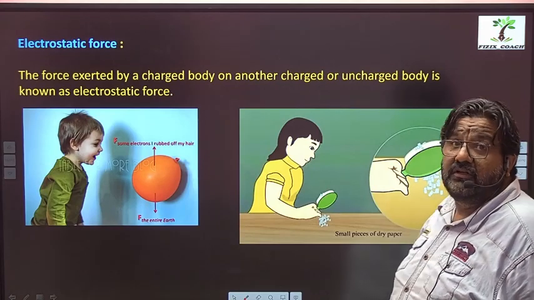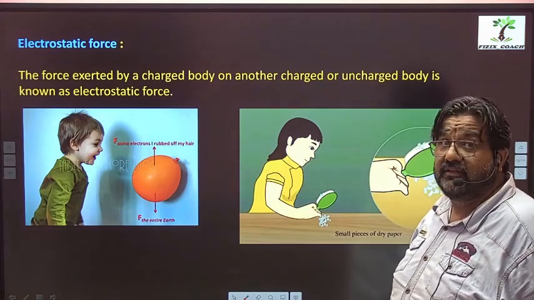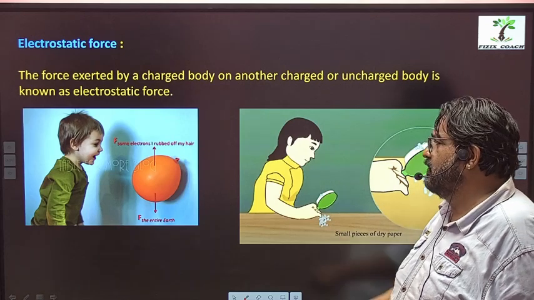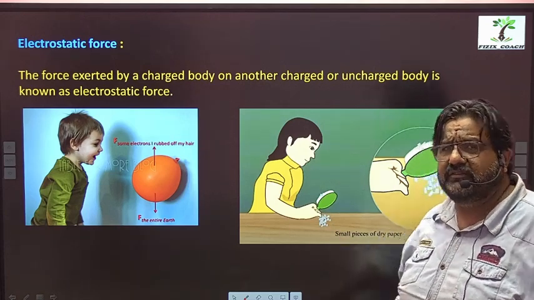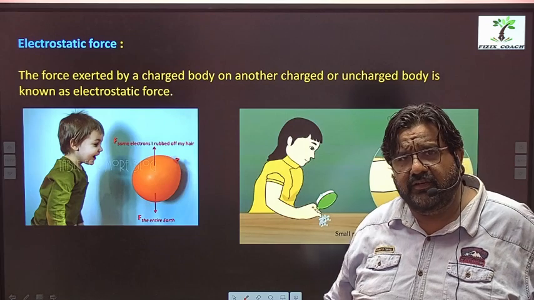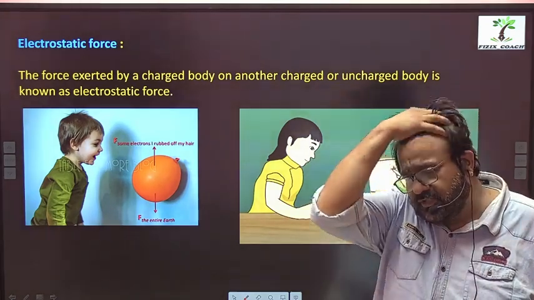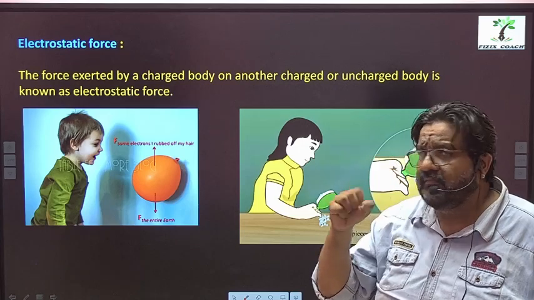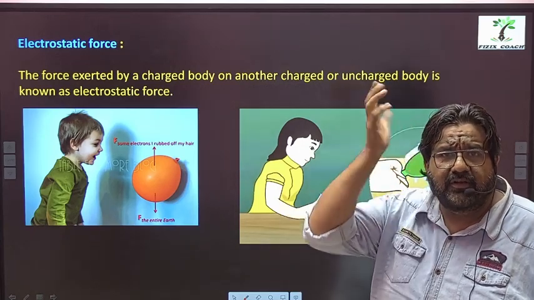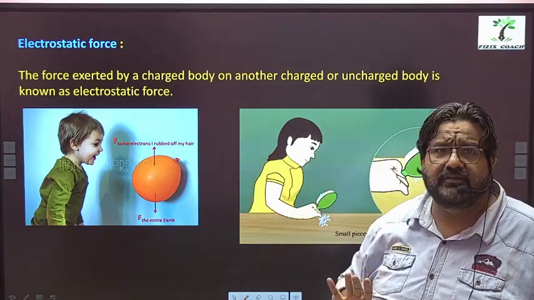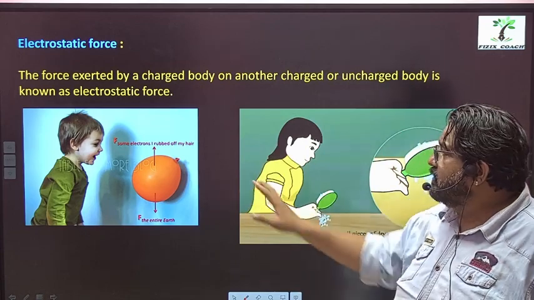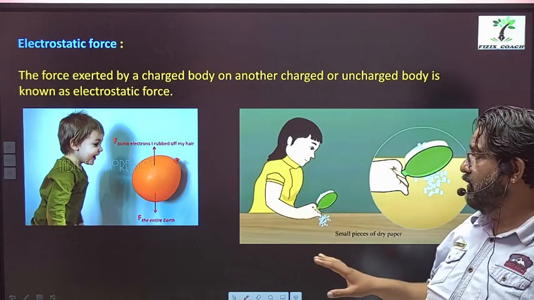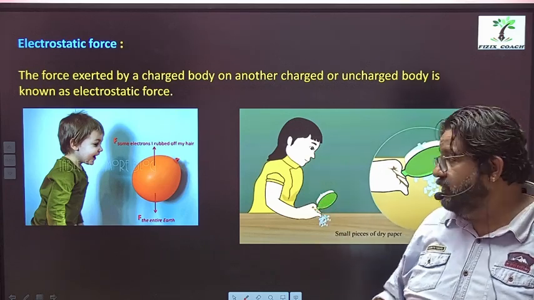electrostatic force. Now this is amazing. See, you must have tried this in the birthday parties or some any of the parties. What we do is, in order to stick the balloon onto the wall, you rub it on your head and just paste it on the wall. The balloon gets stuck to the wall. Why does it happen?